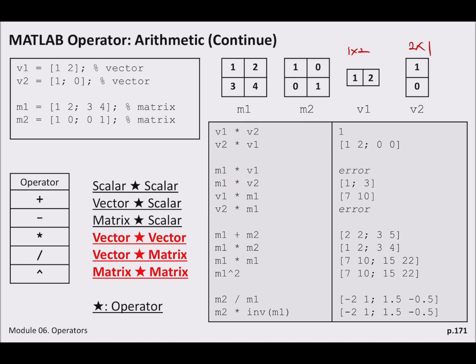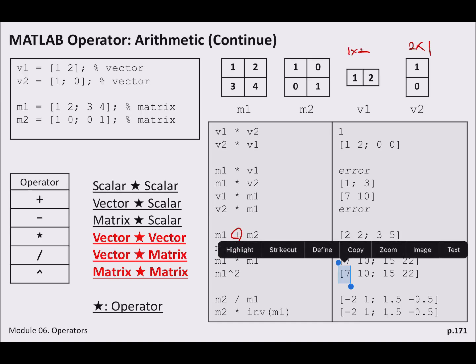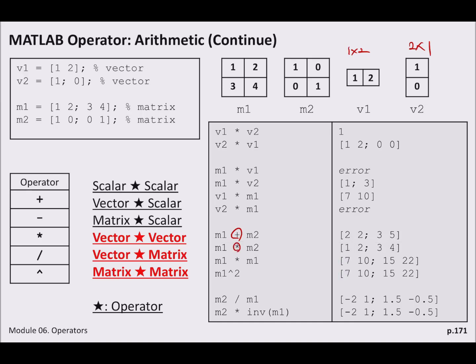We can use the sum operator as a plus operator, and this multiply is a multiply operator between matrices, if the dimensions are matched. This one is element-wise summation. This one is matrix multiplication. I already talked about this one. This one is the same as M1.